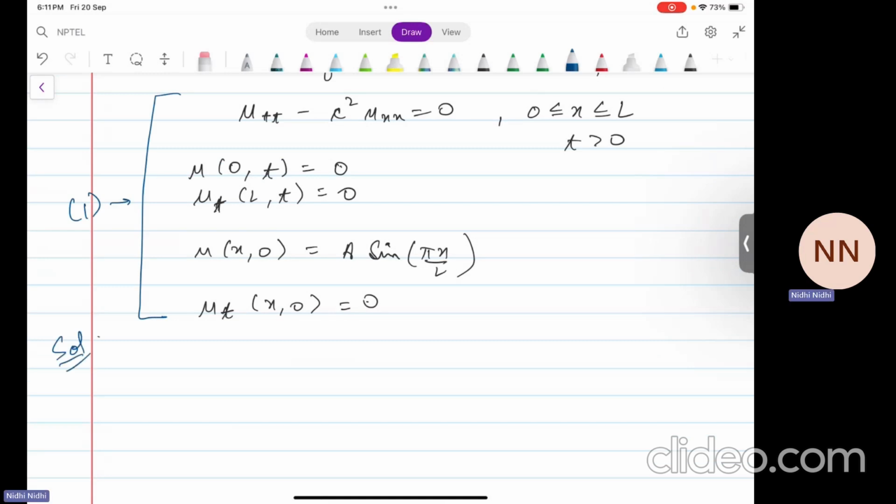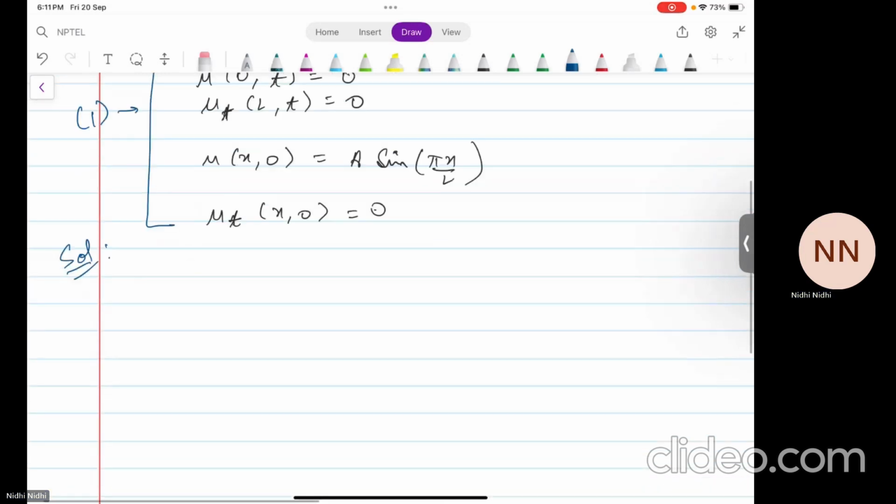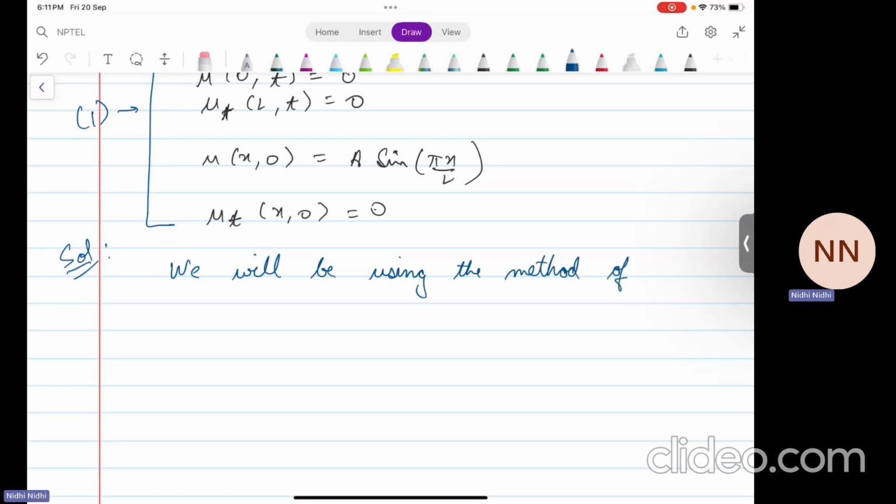Solution. We will be using the method of separation of variables.